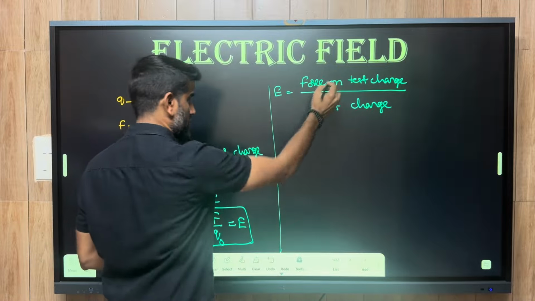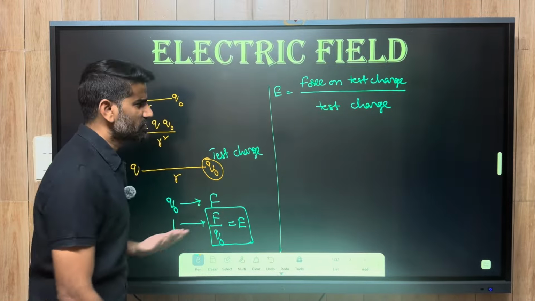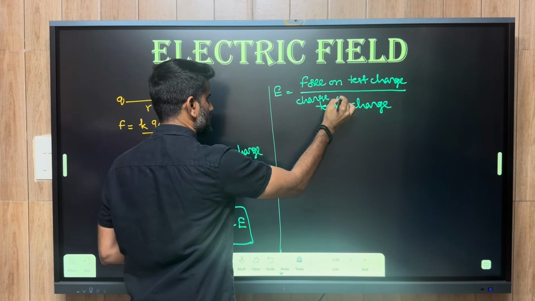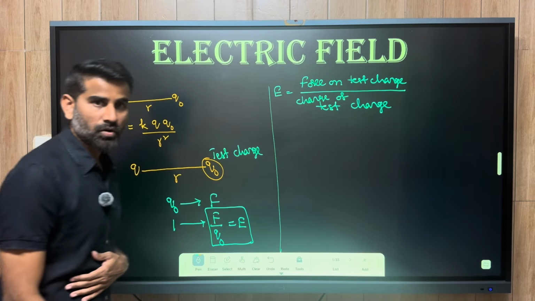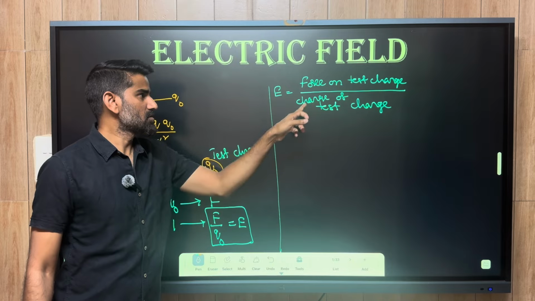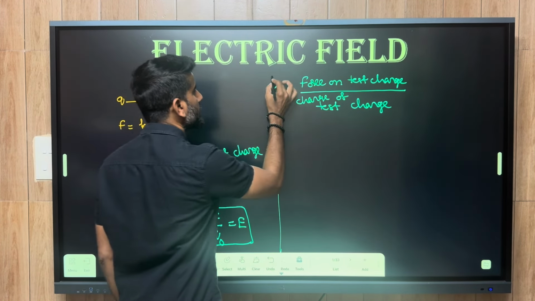The force acting on the test charge is F, and the charge of the test charge is Q naught. This is what we call the electric field.